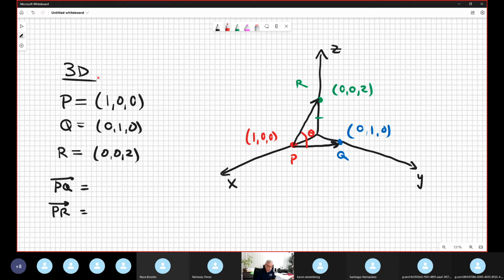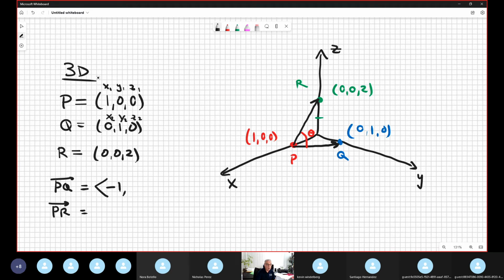So the vector PQ is, look, you are subtracting Q minus P, because remember this is x2, y2, and z2, and this is x1, y1, and z1. So you're subtracting 0 minus 1 is -1, that component -1.